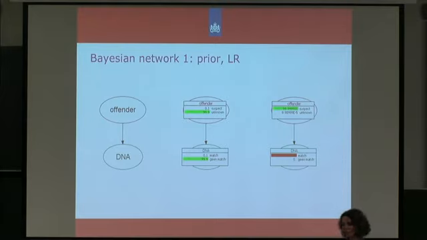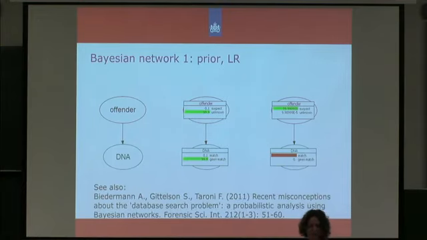Also, I can change the random match probability and look at the effect of these things. So these things, as a forensic expert, are very useful just to play with and see the effect. Also, there's a paper who actually modeled the database search problem in a Bayesian network.